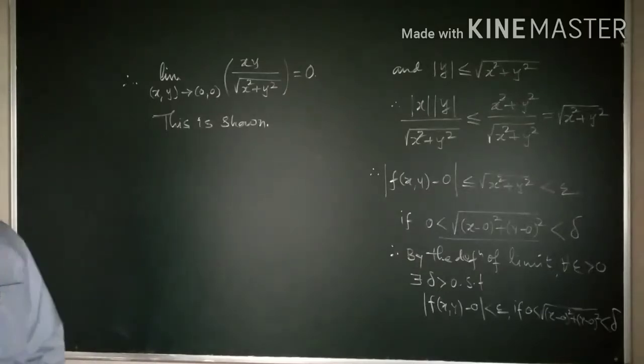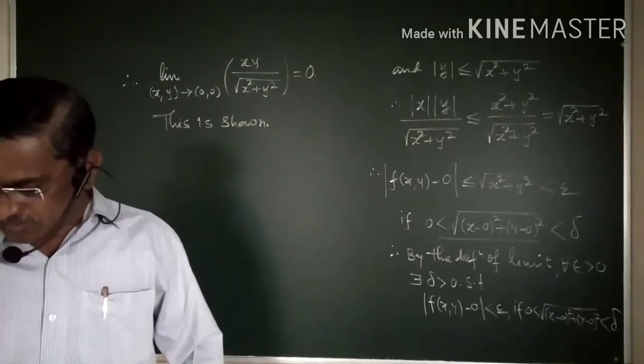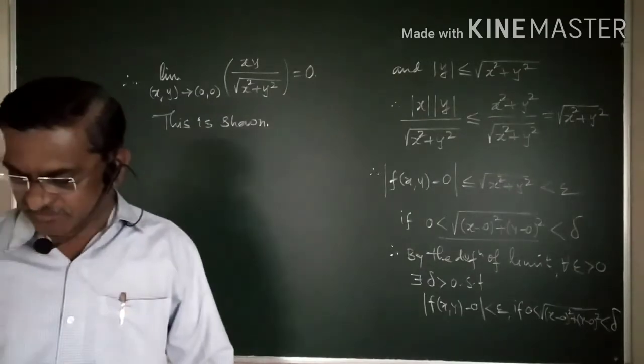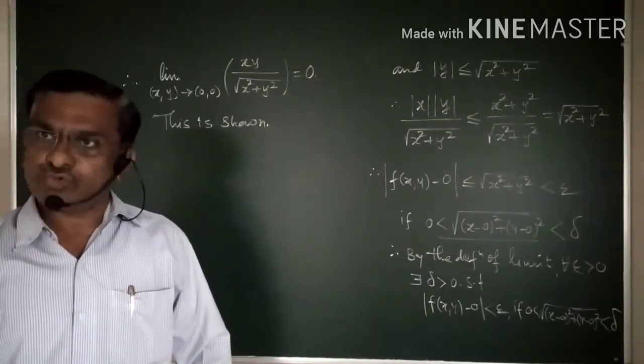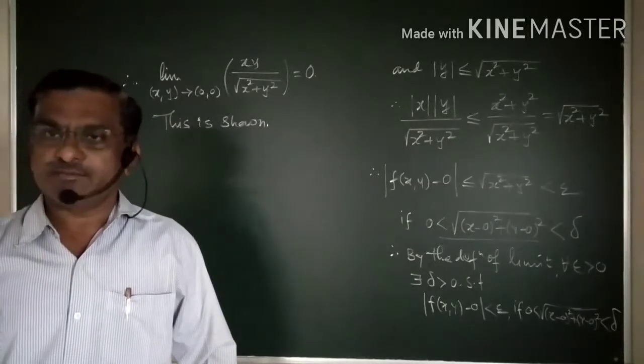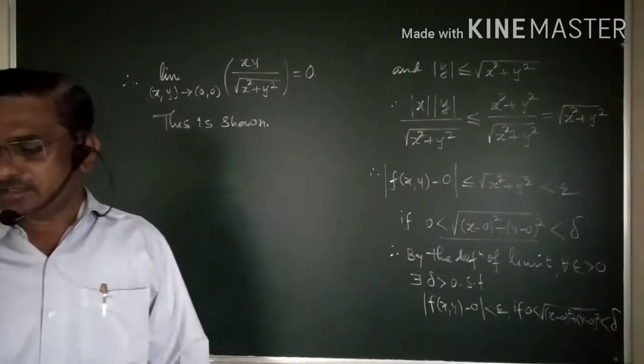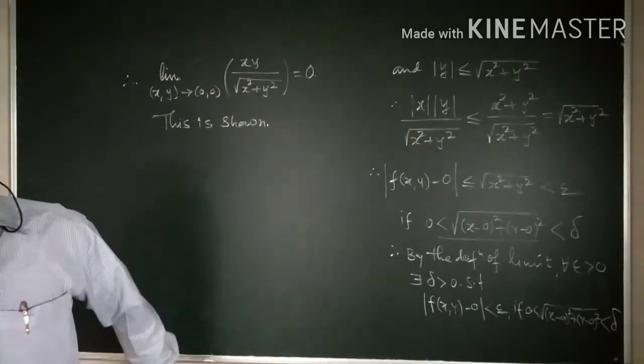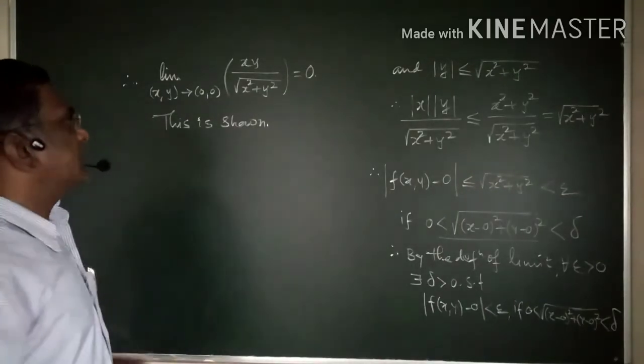In this way we can use the definition of limit, what we call the epsilon delta definition, to show that the limit of a given function exists and is equal to the given number.